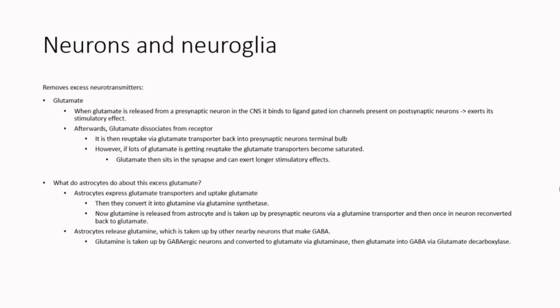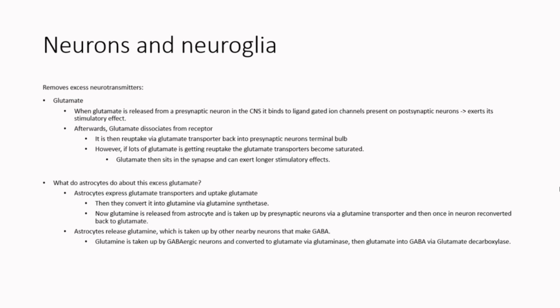But after it has exerted its effect, it will dissociate from the receptor, and then we reuptake it via these glutamate transporters back into the presynaptic neurons in the terminal bulb.